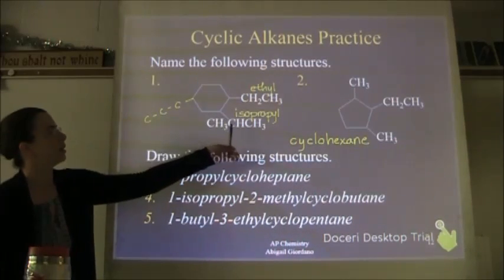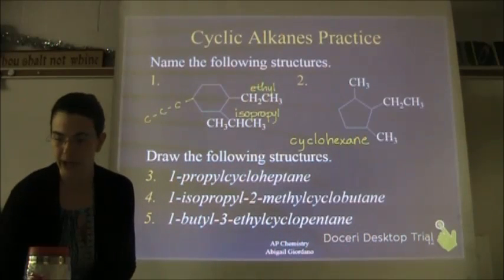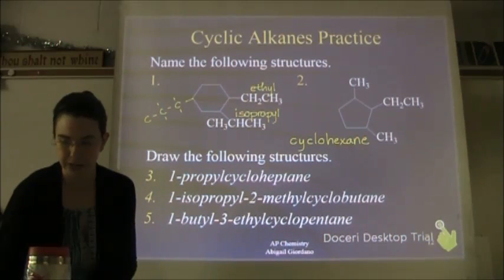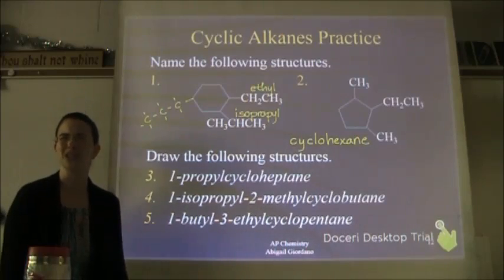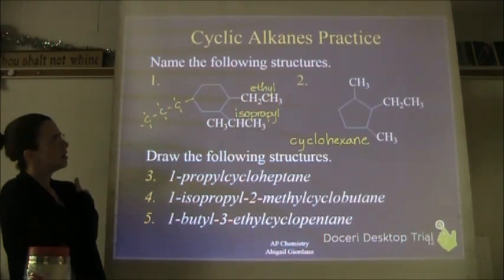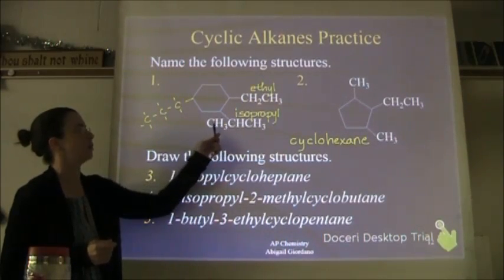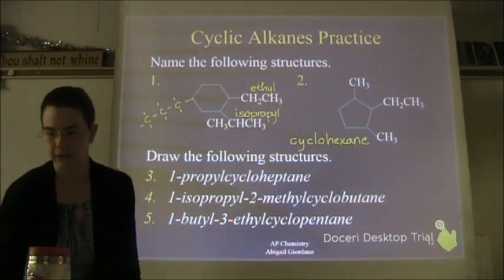Look, what's the difference? They both have 3 carbons. They would have the same number of hydrogens. What's the difference? The carbons are bonded to one another. Well, even though this doesn't look like it, these 3 carbons are bonded to one another. Okay, it would look like this.